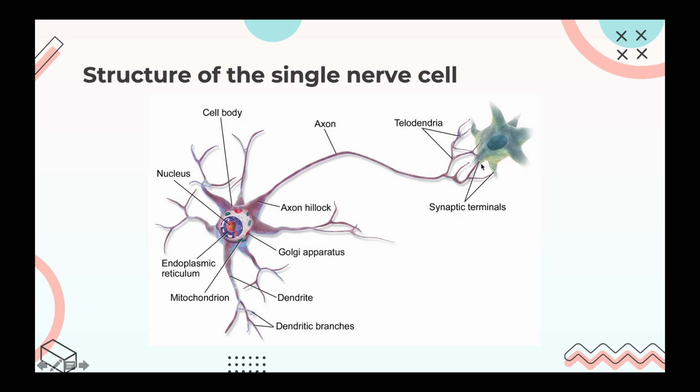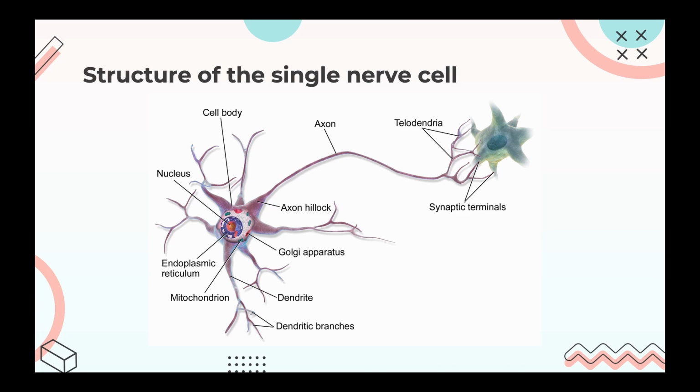It does so through synapses. A synapse is a small gap between one nerve cell and another. Through this, they communicate by sending out either chemicals or electrically charged particles.